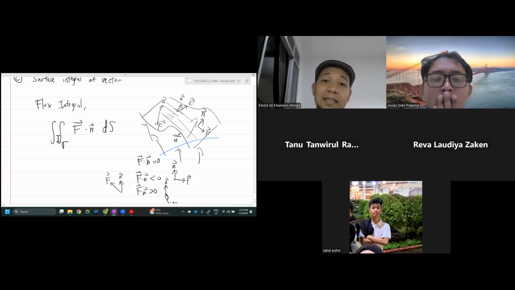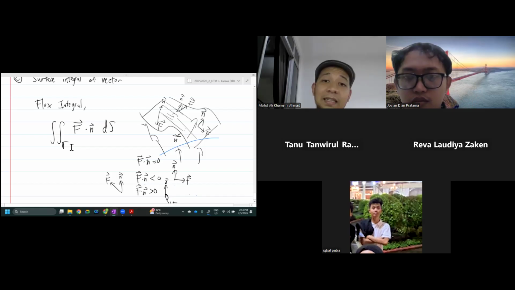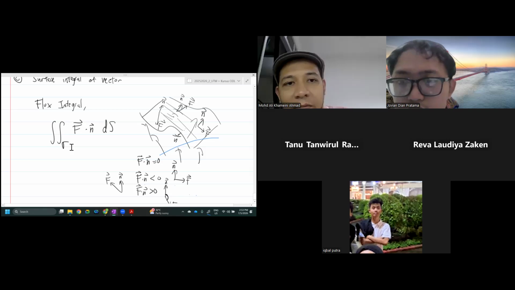And yeah, we have to compute, right? So how do we compute these things? Now we have a nicer form, because if you have a parametric form, you get the normal.